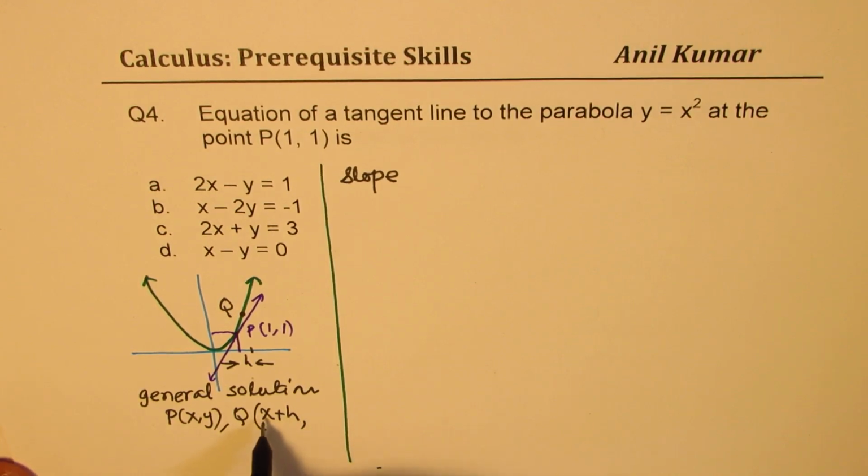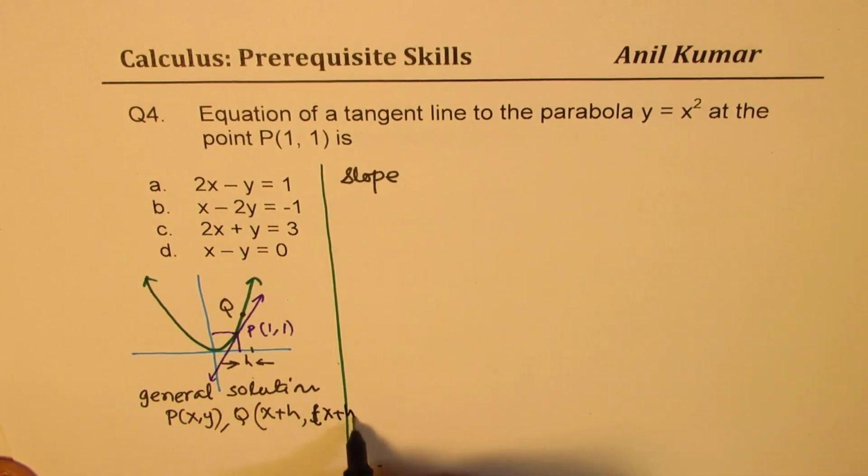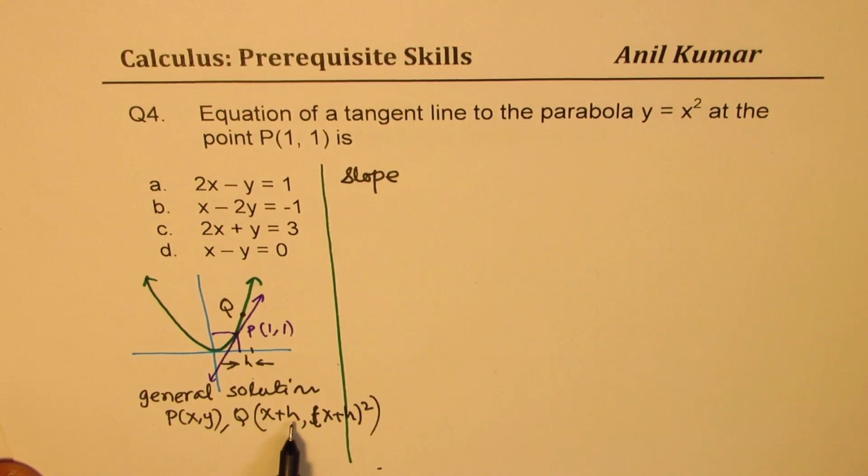So if it is x plus h, then the value will be f of x plus h, which I could write as x plus h whole squared. If the x value is x plus h, the y value will be x plus h whole squared.